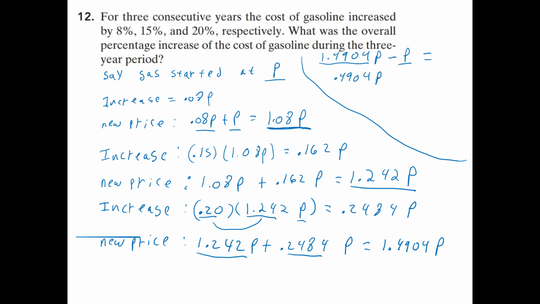So that's the amount of increase. And then to figure out your percent, you take 0.4904p and you divide it by your original price. Your original price was p. Gas started at p. The p's cancel out, and you get 49.04%. Same answer. Made absolutely no difference.